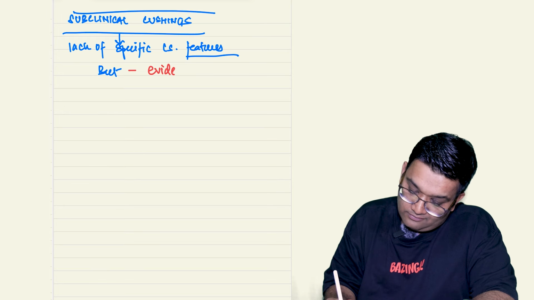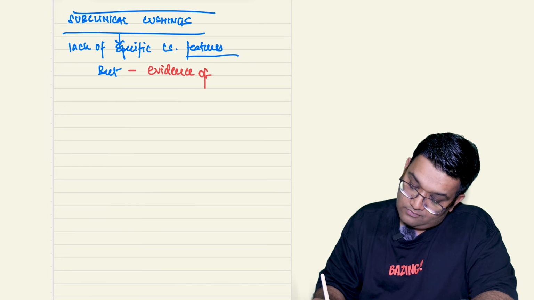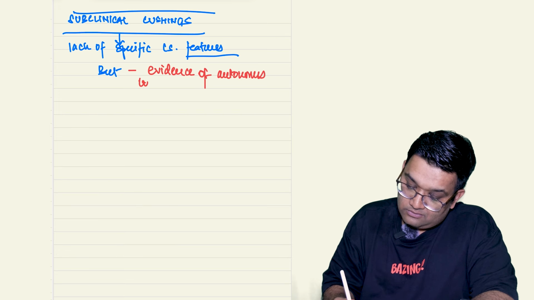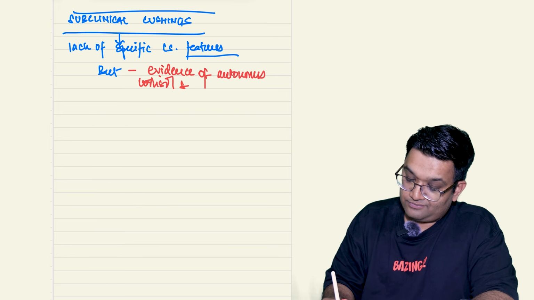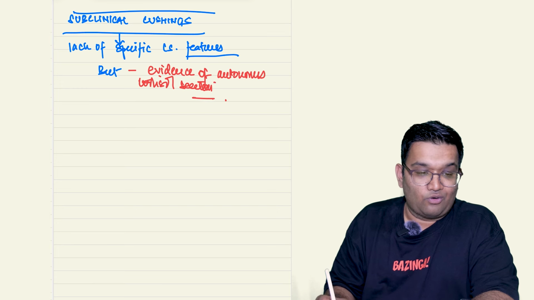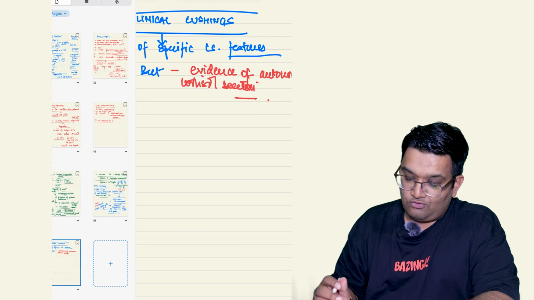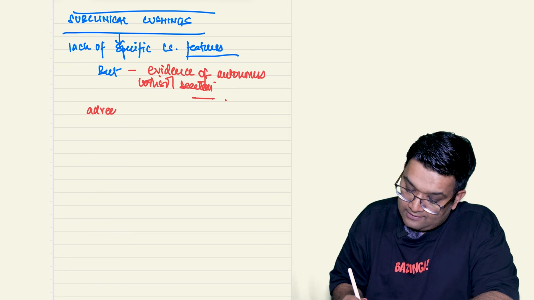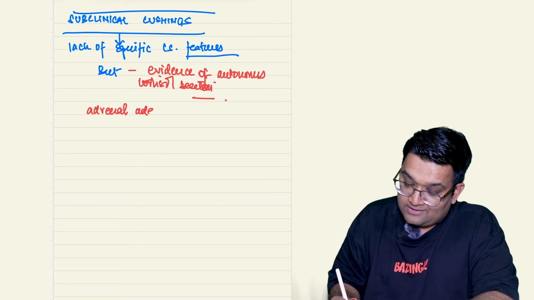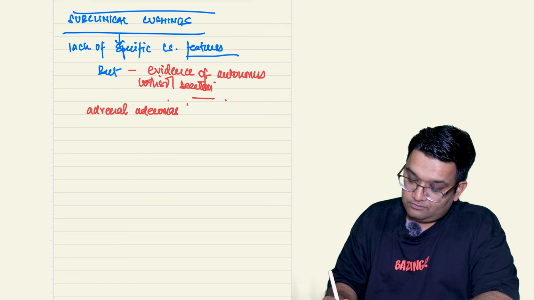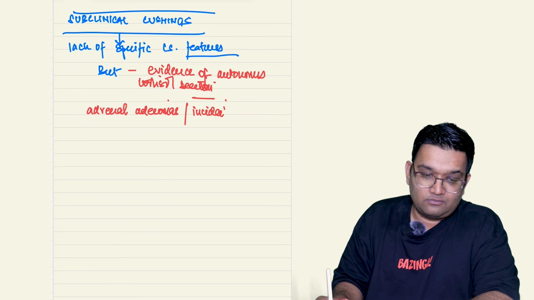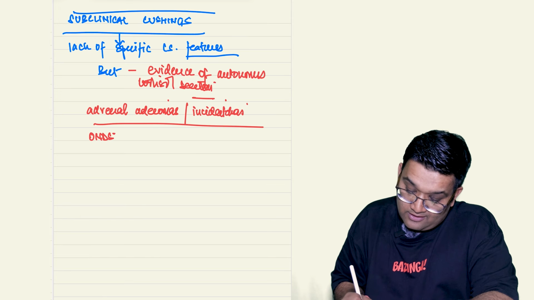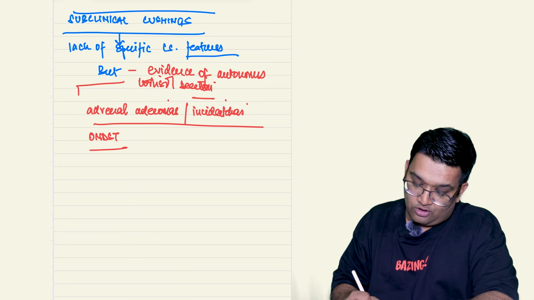evidence of autonomous cortisol secretion. Where we are going to see this is usually in adrenal incidentalomas or adenomas. And how are we going to find that there is autonomous cortisol secretion?